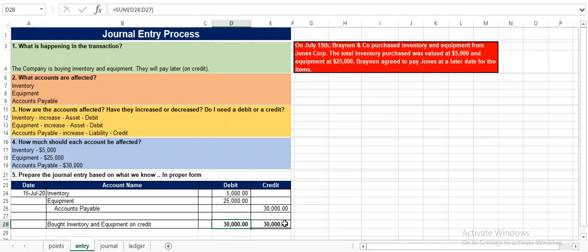And so this is just an example of when more than one account is affected and there are different numbers. It all pretty much should look the same.